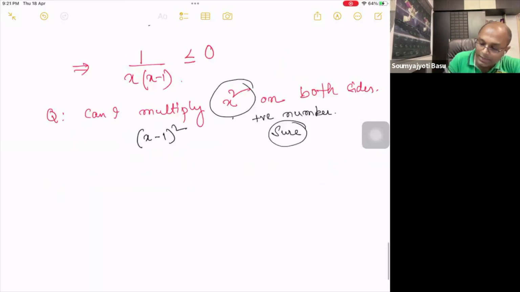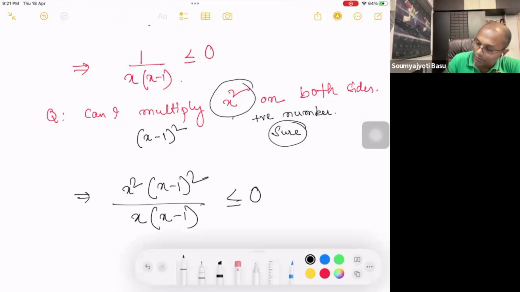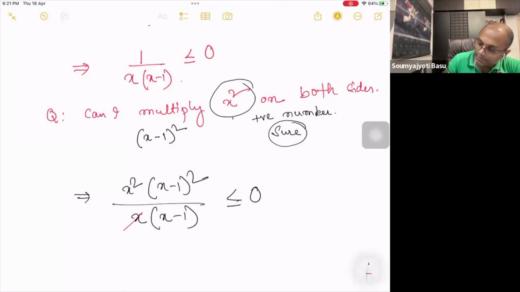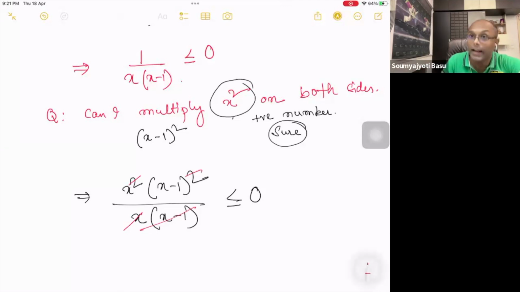So if I multiply by x square and (x minus 1) whole square, on the left hand side, there is a change. On the right hand side, it was a 0, so there is no change. Now, I can cancel out one of the x and one of the (x minus 1), right? Can I?